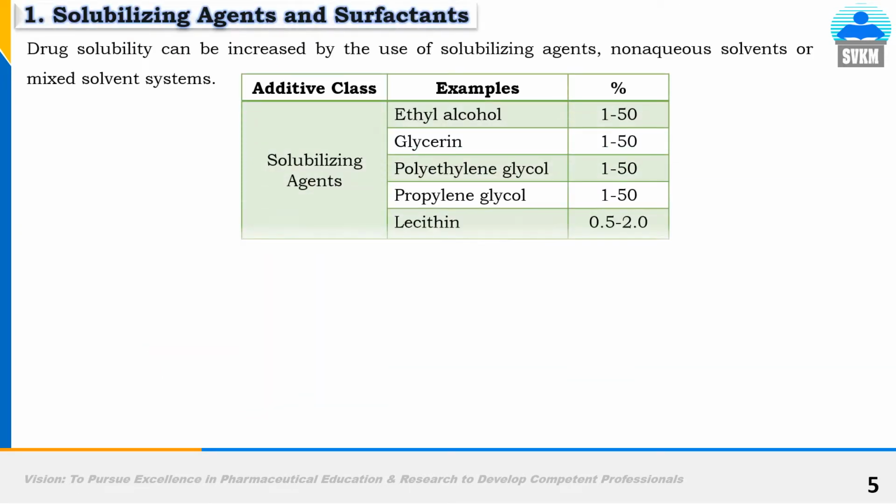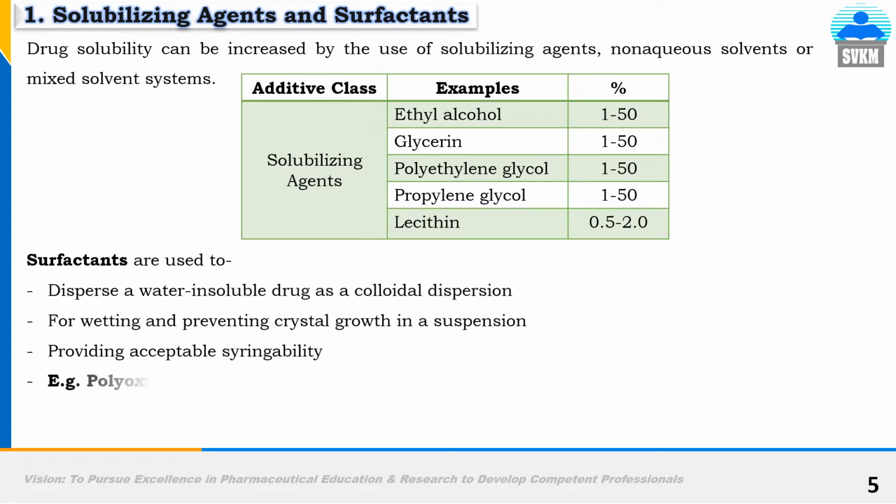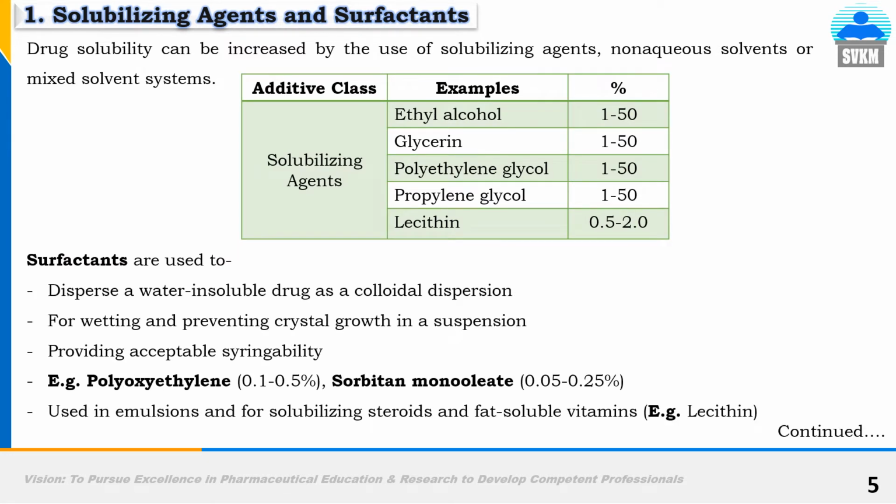So let's see the information about different categories of excipients and their suitable examples. First one is the solubilizing agents and surfactants. We can increase the solubility of our drug by utilizing various solubilizing agents. The examples are ethyl alcohol, glycerin, polyethylene glycol, propylene glycol in the concentration range of 1 to 50%.